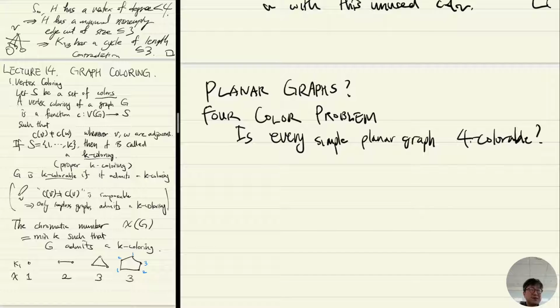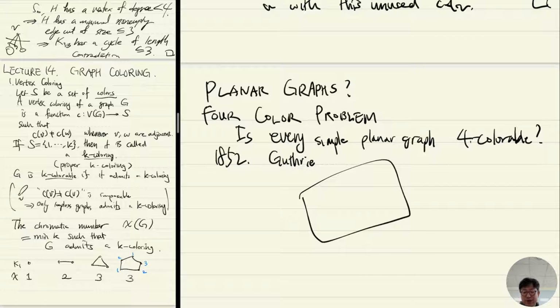Initially the problem was proposed in 1852 by Guthrie, who was a 20-year-old young man, and he came up with this problem in terms of his terminology as a problem on map coloring.